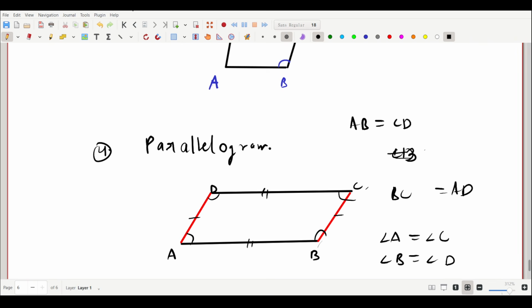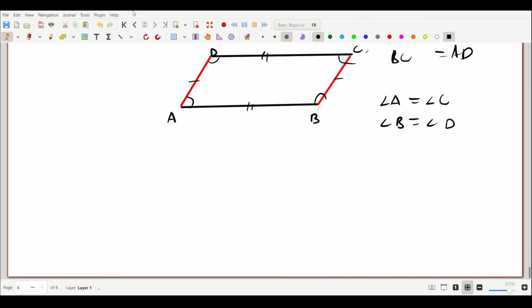Now come two more quadrilaterals. The fifth one is a kite. We already know about the kite shape. In a kite, two adjacent pairs are equal.